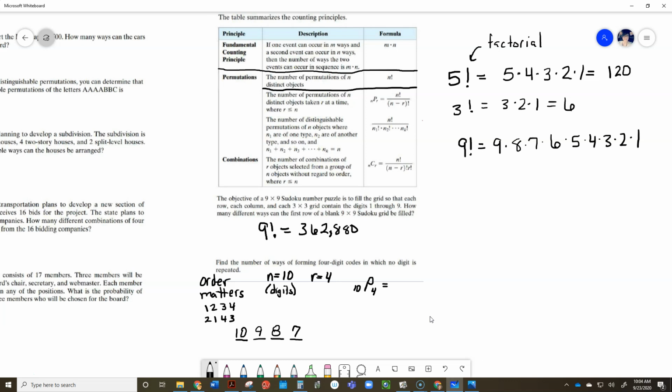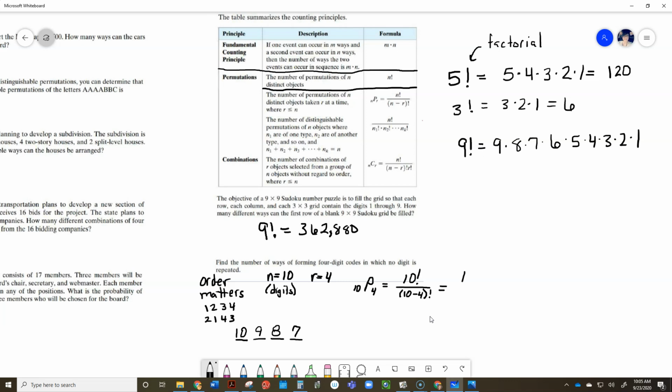Okay, so the formula says that whatever the total number of choices that I have, which are 10 digits, that number factorial goes on top. And then on the bottom, I'm going to take my choices, which is 10, and take away the 4 that I'm choosing. So basically I'm saying what's left and put that factorial on bottom.